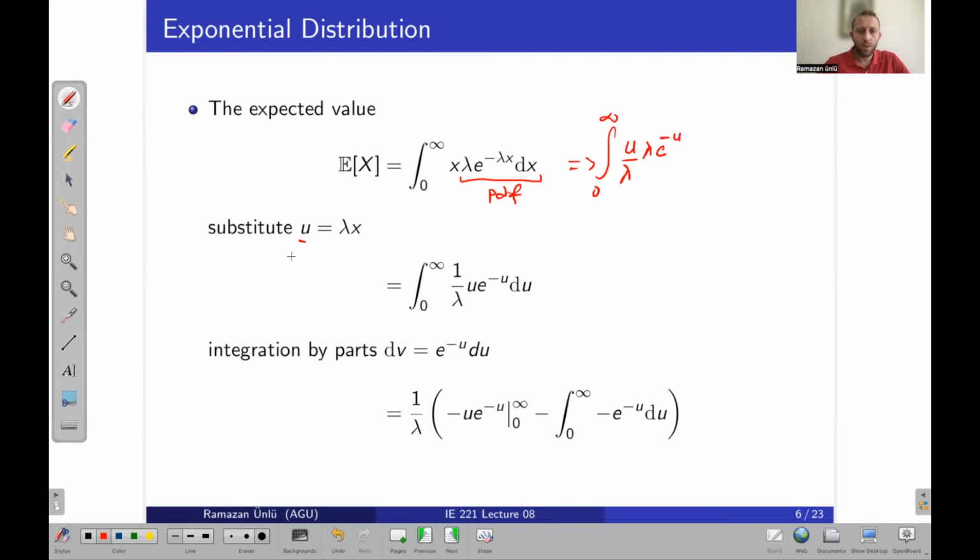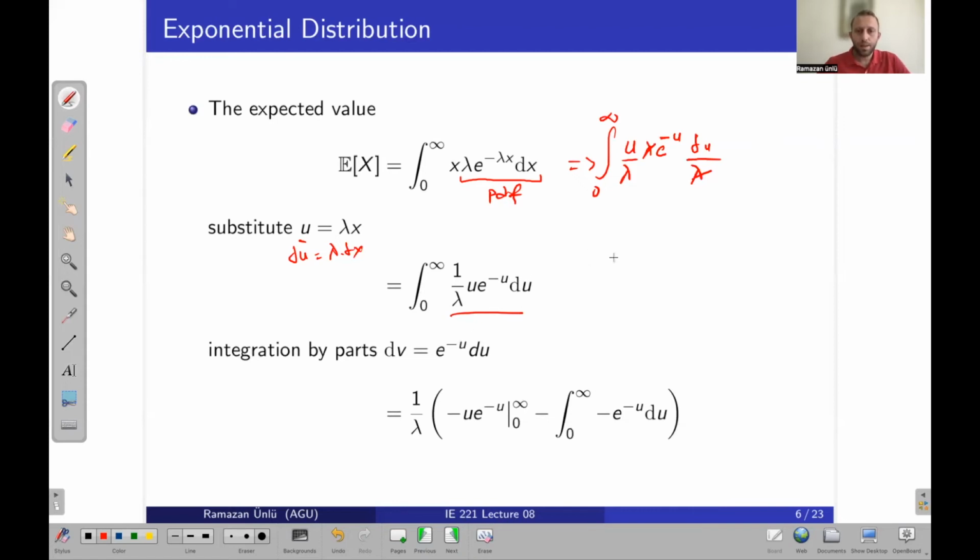If u is equal to lambda times x, du is lambda times dx, so dx is du divided by lambda. One of these lambdas cancels, and I end up with 1 over lambda times the integral of u times e to the minus u du. I can integrate this by using partial integration, or integration by parts.